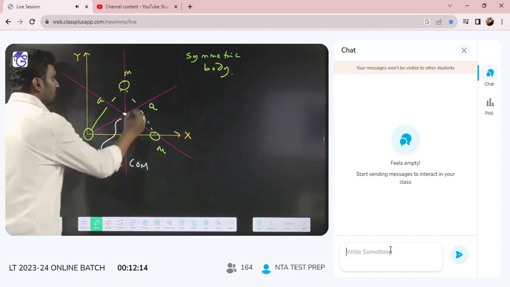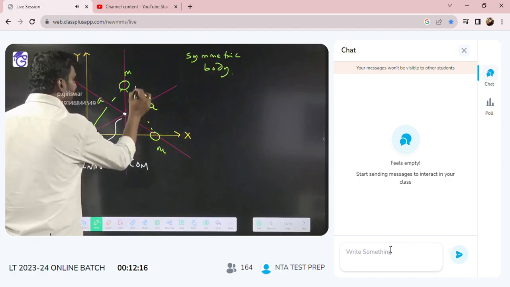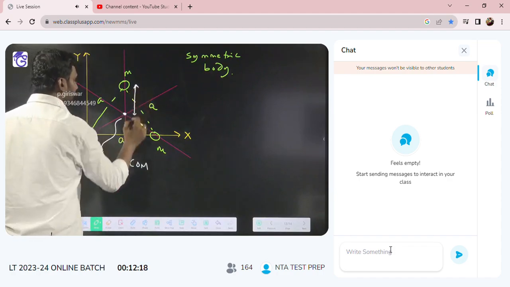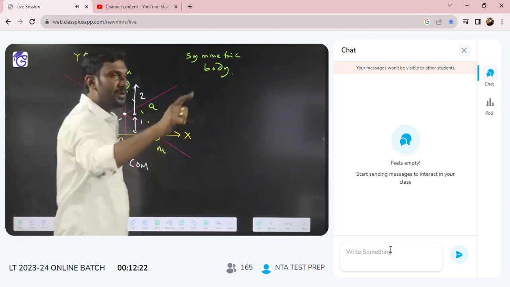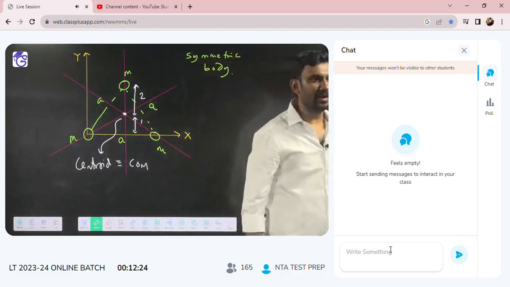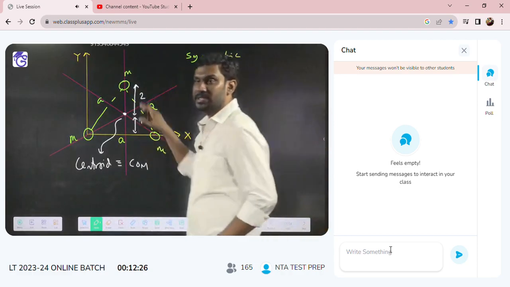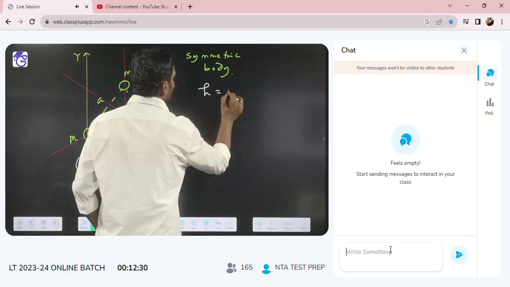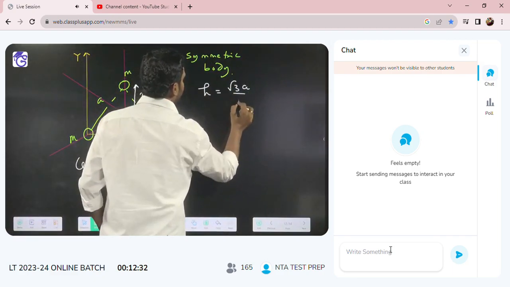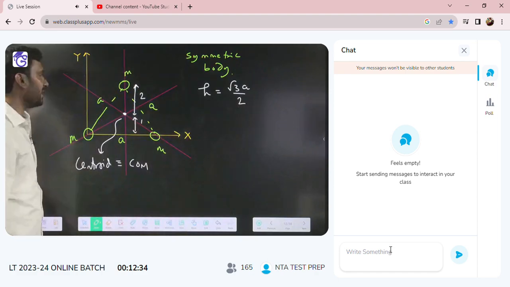So now we know that this height is to this height is 2:1. Geometry, 9th level geometry, 2:1. This height is to this height. Total height is how much? Root 3a by 2.